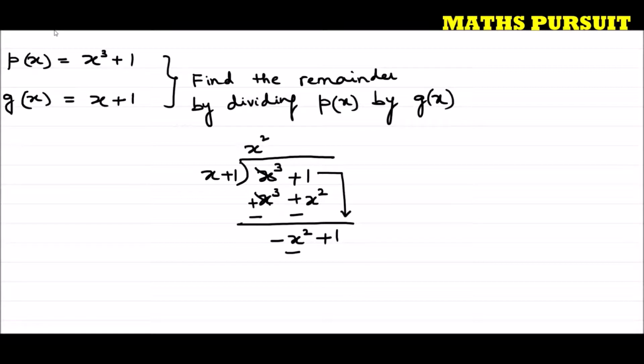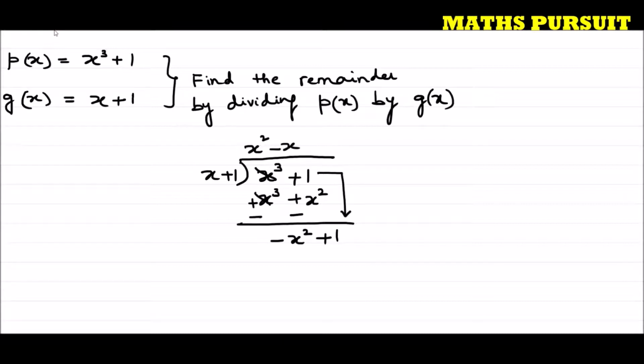Similarly, again, if you look here we have minus x to the power 2. Now, what should I multiply to this x so that I will get minus x to the power 2? Again, the answer is very simple. If I multiply minus x to this x, then only I will get minus x to the power 2.